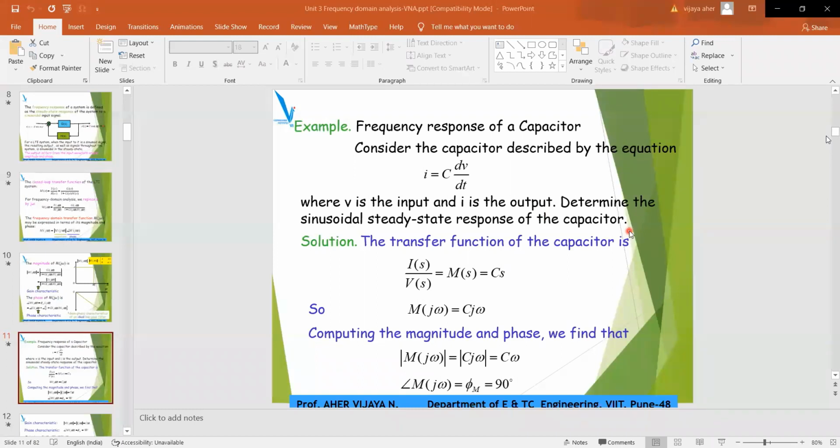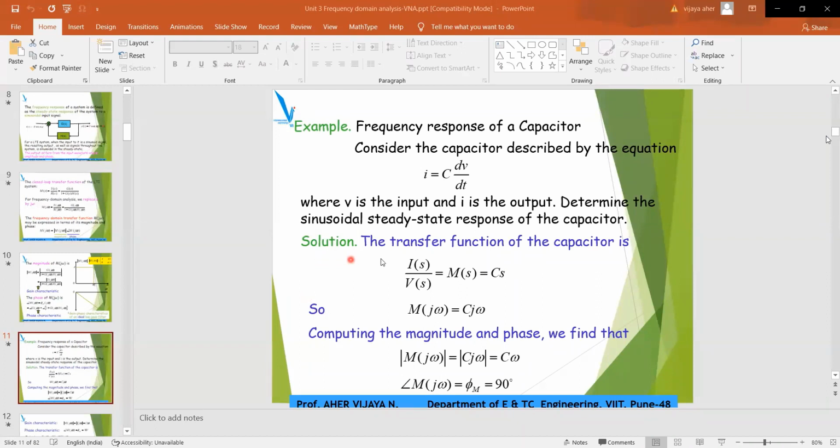Now, first of all, write the solution. You can draw the circuit also. Draw the symbol of capacitor. Give input voltage V and output is the current flowing through the capacitor, from input to output. Now determine the sinusoidal steady state response of the capacitor.